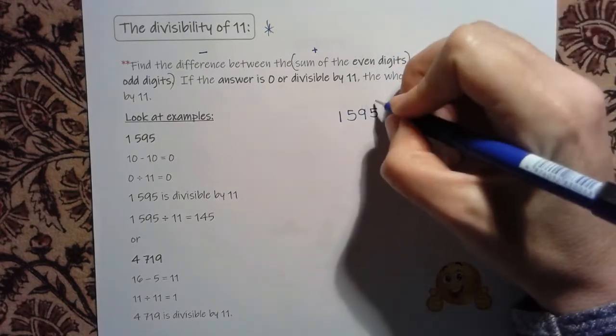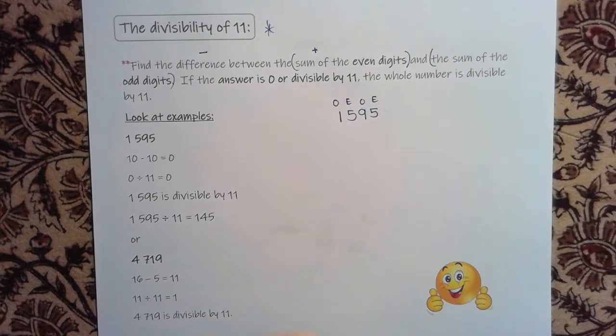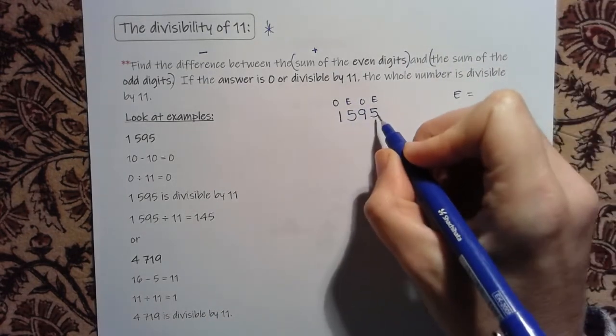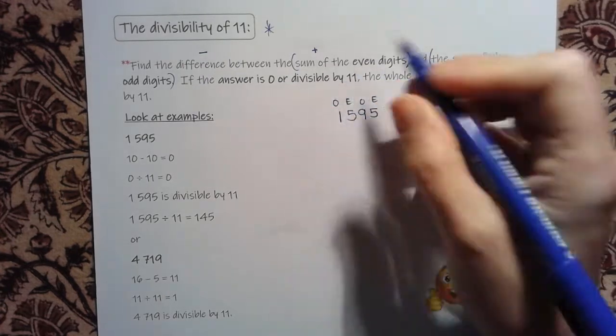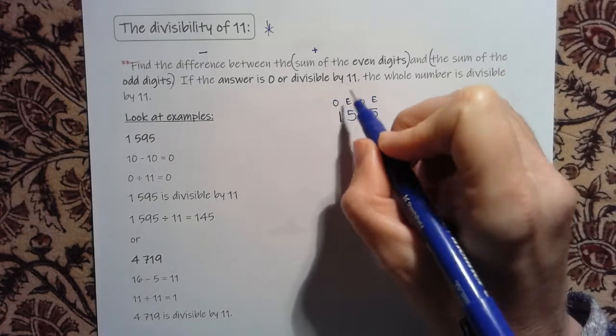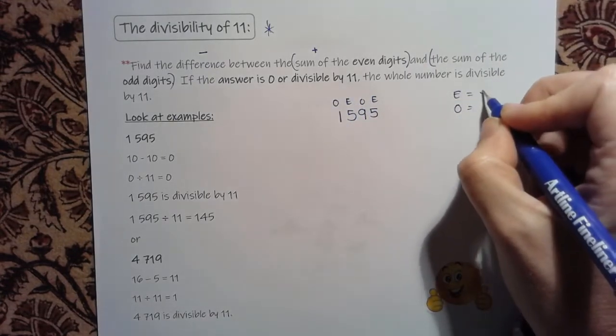So that means we're going to say even, odd, like that, okay? So E is for even. You will say 5 is not even, but this is just to show you we're going to say this is the first place, second place, and then we just do it like that. Even and odd, okay?